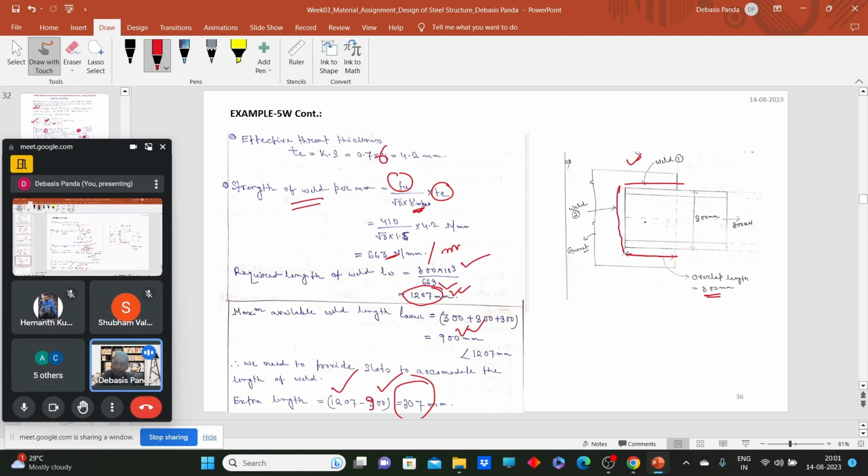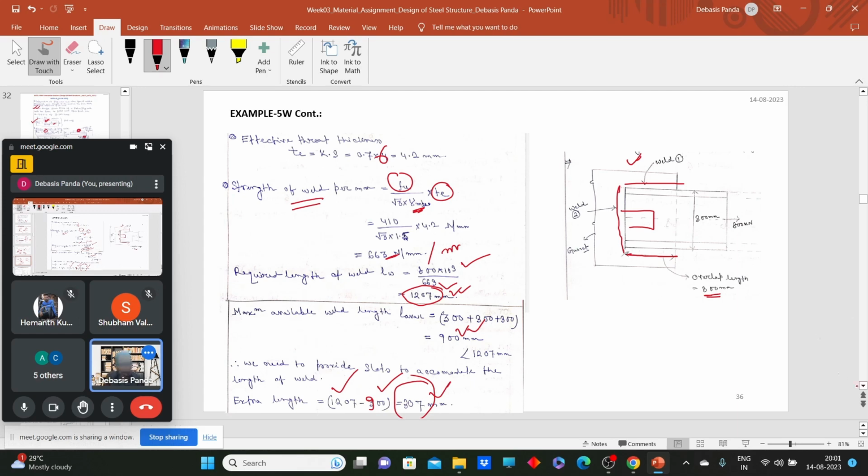So how can we achieve this? Basically we have to go for slot welding. And how can we provide the slot welding? We can make slots. Now we have to understand how many slots there would be, what should be the width of the slots, what should be the length of these slots, all these things. So till now we understand that we need to provide an extra length of 307 mm.